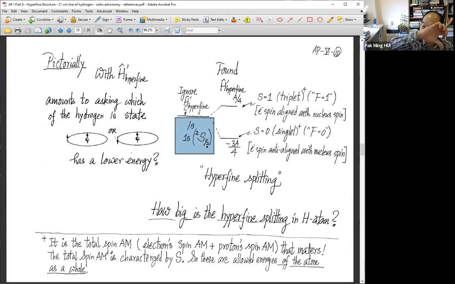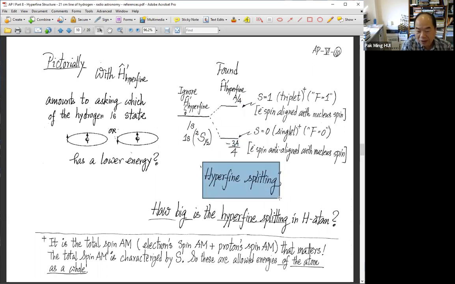Originally, it is an up-down degenerate if we don't care about proton spin. Now, with this tiny, tiny detail in, there are two states split. Therefore, this is called hyperfine splitting. So hyperfine structure refers to the effect of this splitting.